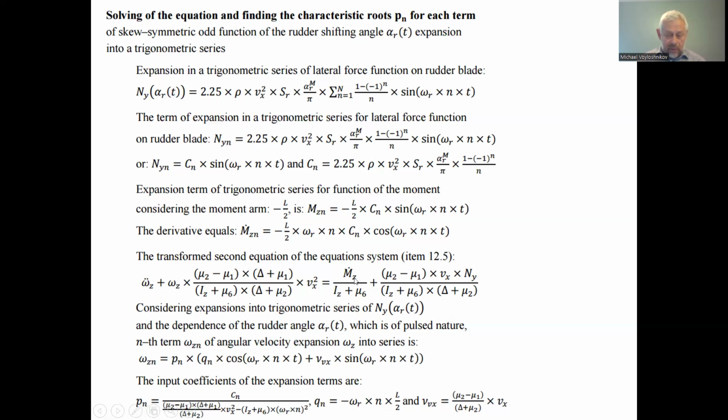And besides, we have to have the rotation moment around the applied axis as well, the first derivative by time.